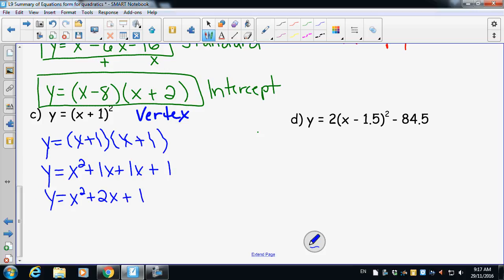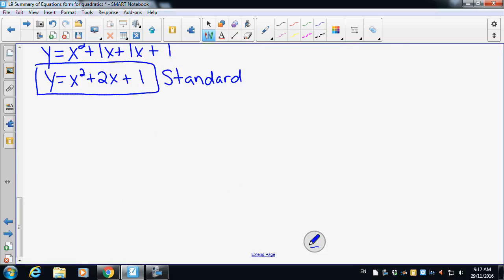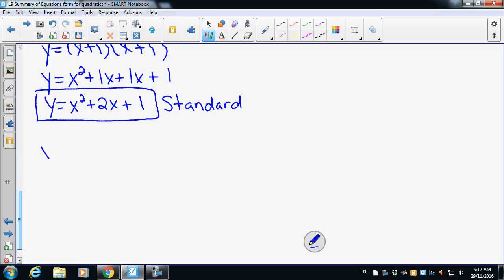And by doing the algebra, expanding and simplifying, I get standard form. And then after standard form, I can factor and I can get my intercept form. So no common factor. I'm looking for what multiplies to get 1 and adds up to get 2.